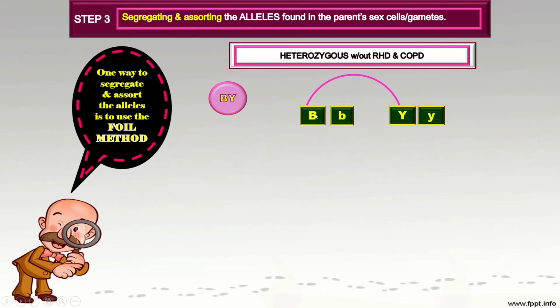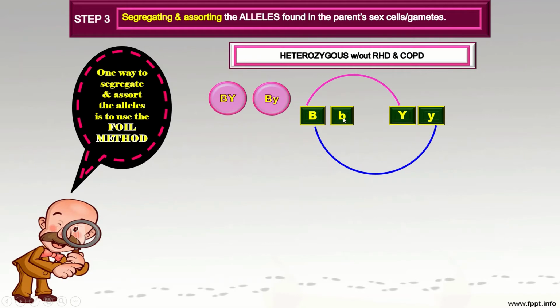There is also a chance that this allele signifying no RHD will pair up with an allele signifying with COPD. So here is an egg cell that has this possibility.